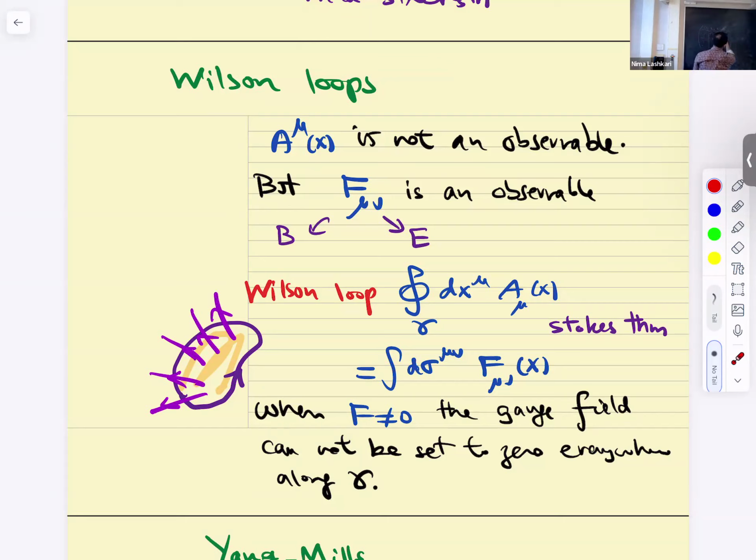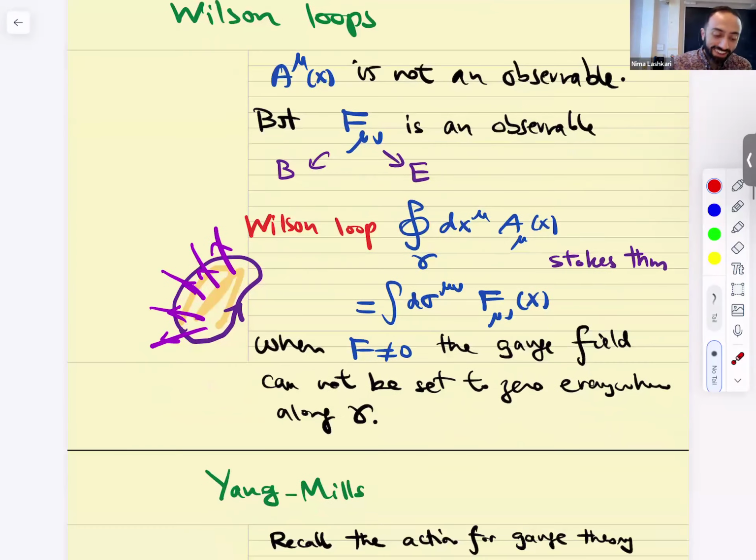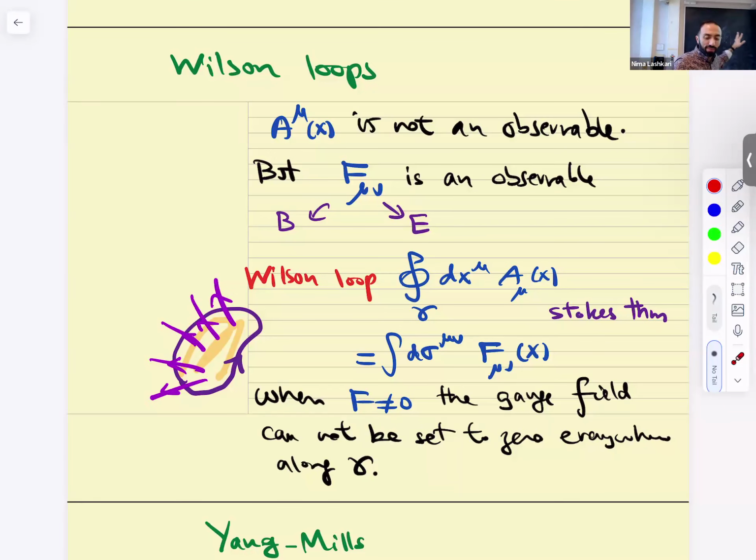These are B's, it's epsilon_ijk, right? X, Y, Z, the signs I don't remember. All right, so that's what F mu nu is.